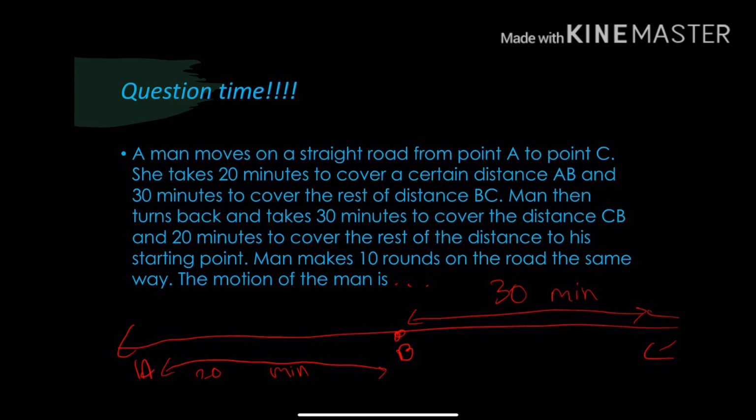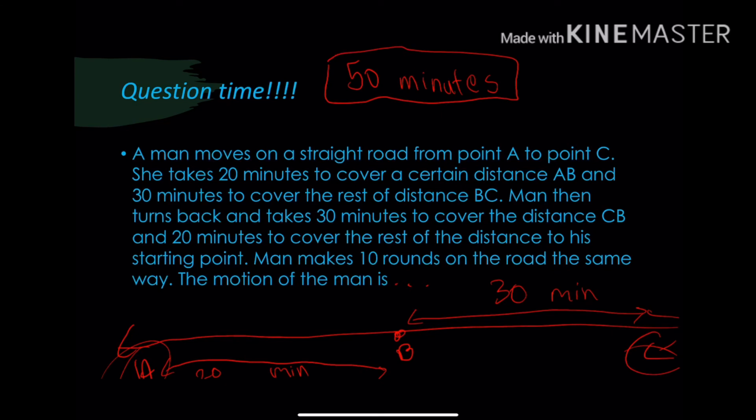So the total time taken from A to C, guys, is 50 minutes, right? He does this 10 times. 50 times 10 is equal to 500 minutes.